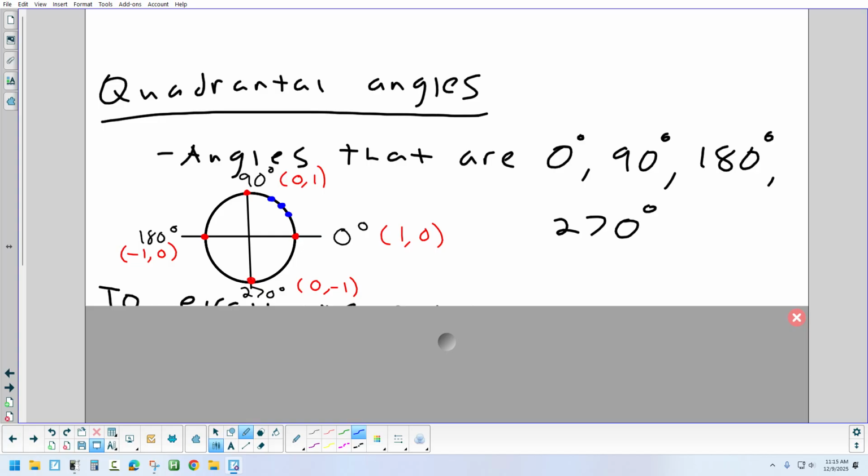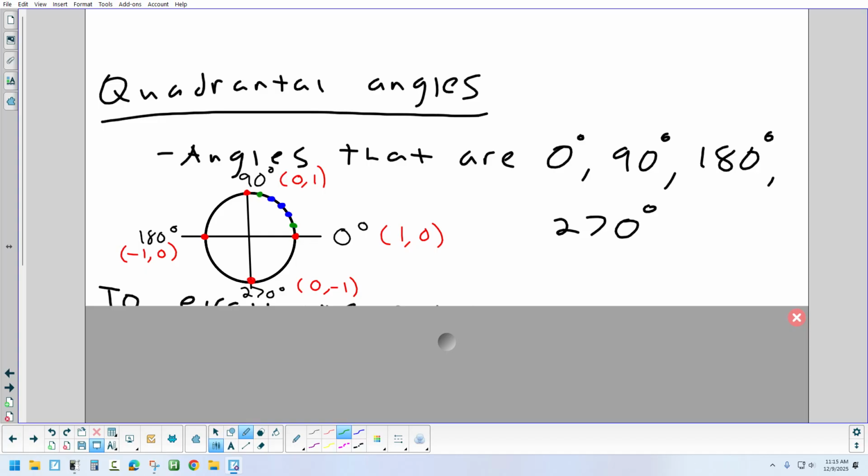So we're actually missing 2 angles here. Anybody know what 2 angles we're missing? Yep. 15 and 75. Yeah, we're missing a 15 and a 75.